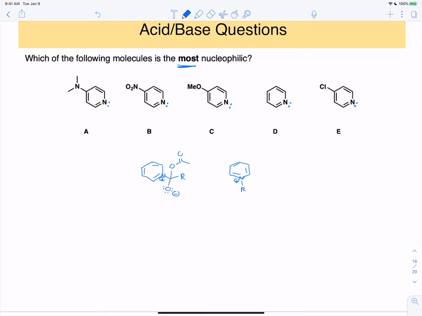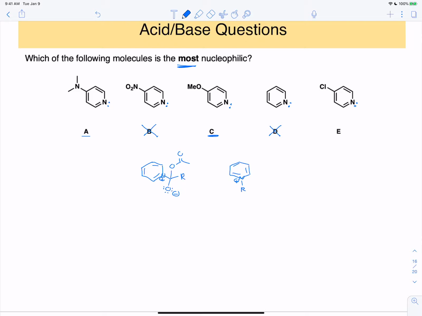The point being, when you use that lone pair on the nitrogen as a nucleophile, the nitrogen becomes positively charged. So we're going to be looking for groups that can help stabilize the positive charge, that is, electron donating groups. A has an electron donating group, B has an electron withdrawing group, C has an electron donating group, D has neither, so we already know it won't be as good as one with electron donating groups.